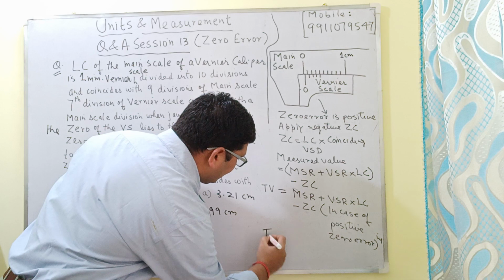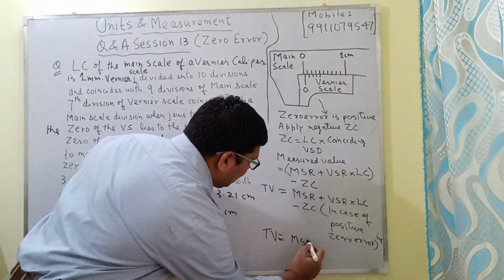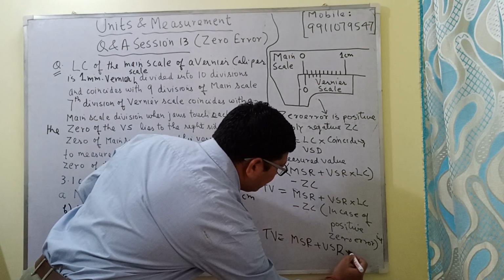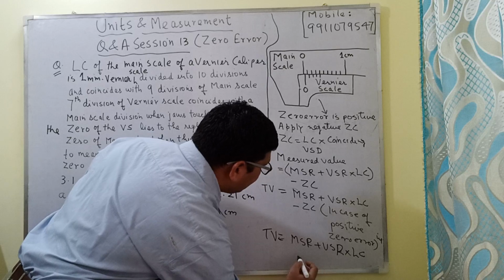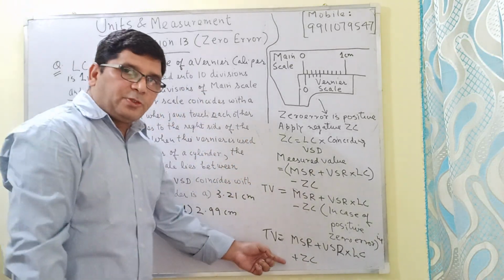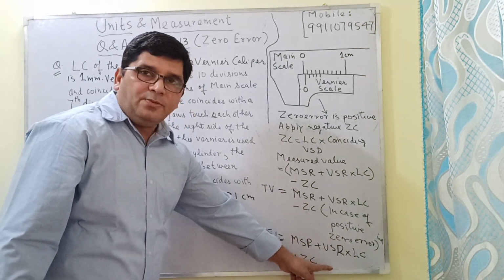That is, in that case the true value will be equal to main scale reading plus vernier scale reading, that is the coinciding vernier scale reading, plus zero correction. So this is the true value in the case of a negative zero error.